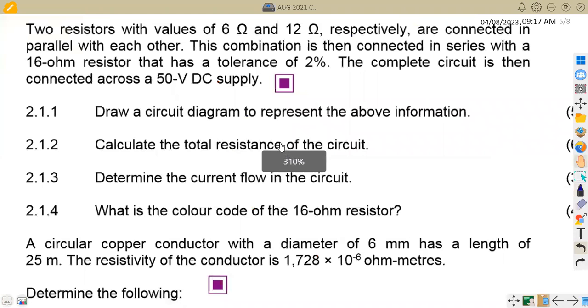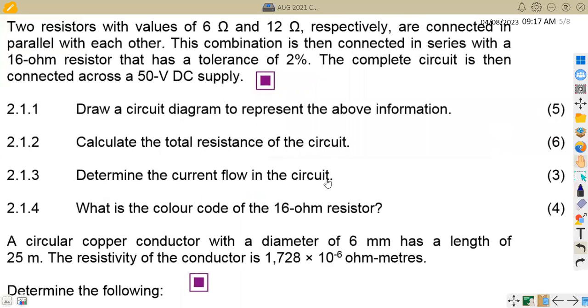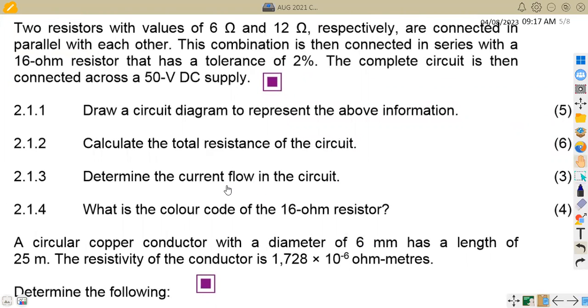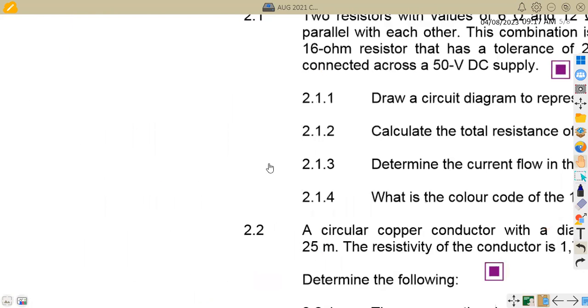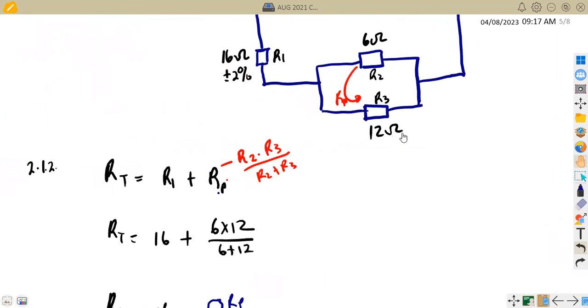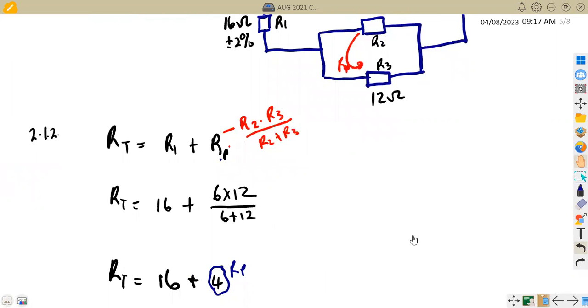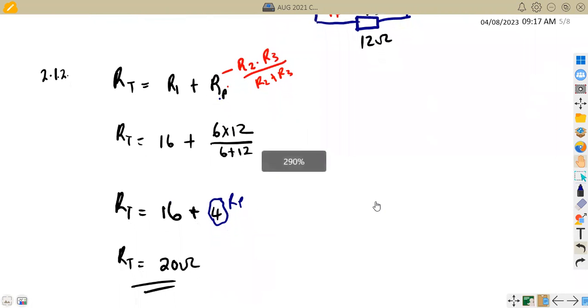Then 2.13: we are asked to determine the current flow in the circuit, for 3 marks. How can we calculate the total current? We have the total voltage and the total resistance, so we can take advantage of that. Remember from Ohm's law that our current is the total voltage over the total resistance.